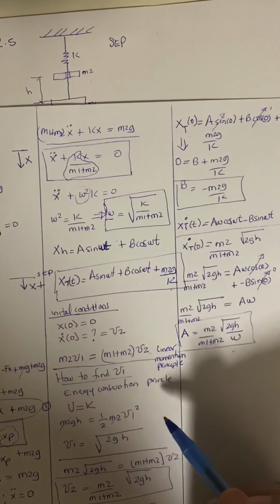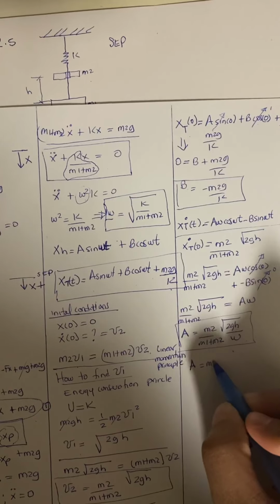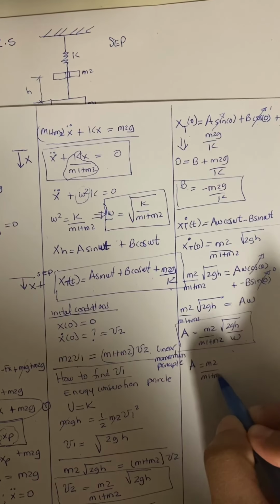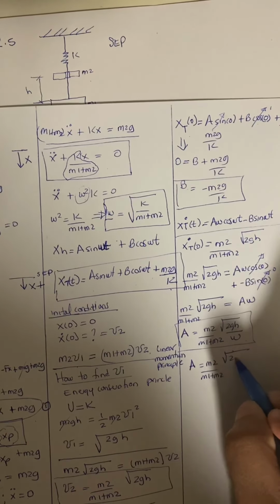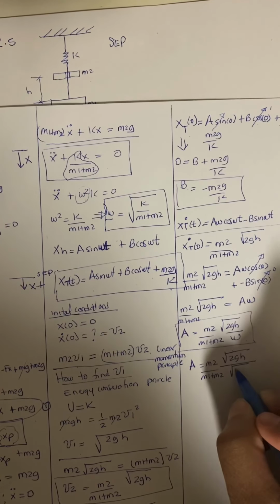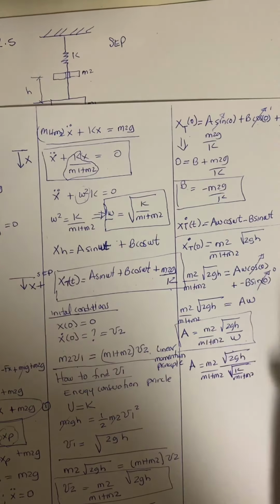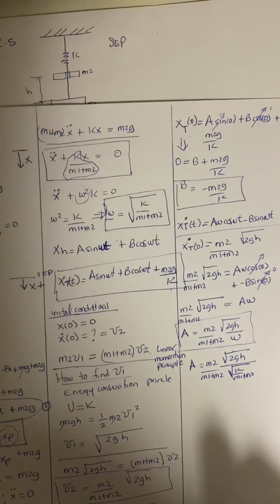So we can substitute into here to get A. So A is equal to m2 over (m1 plus m2) times the square root of 2gh over the square root of k over (m1 plus m2). Now we have the constant A.